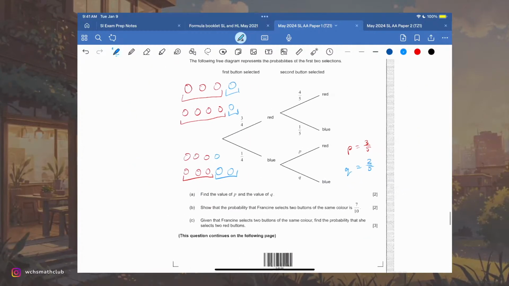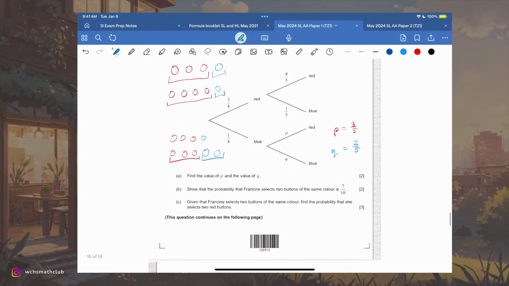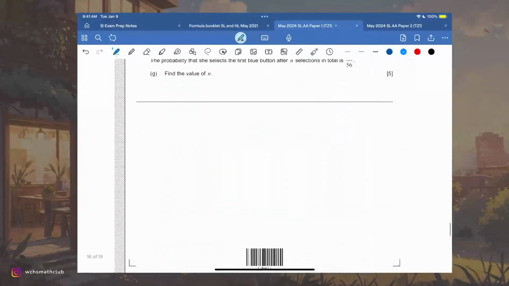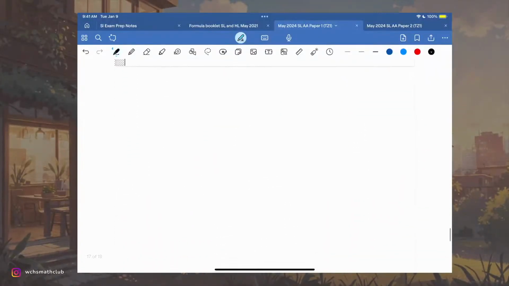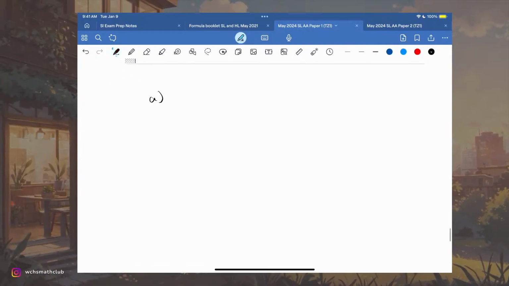Of course, when you're answering in the IB exam, you want to be answering on your answer sheet. So I'm going to go into the answer sheet here. We can essentially draw this out, again using just black as a color.